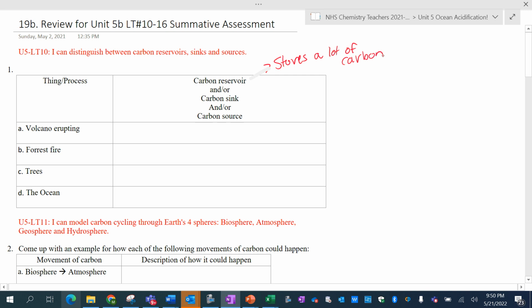There's lots of examples of things that store a lot of carbon, like the atmosphere, the human race, animals, plants, things like that. Carbon sinks are processes or things that remove carbon dioxide from the atmosphere.